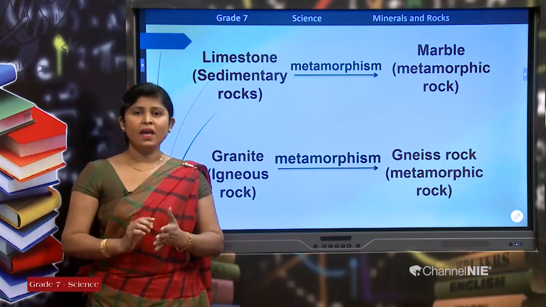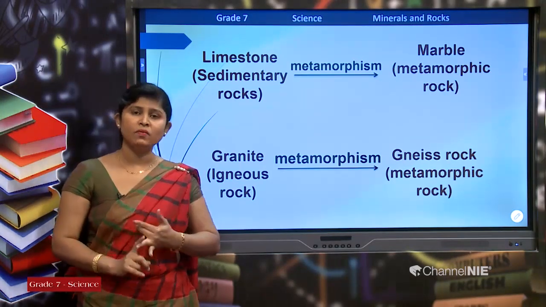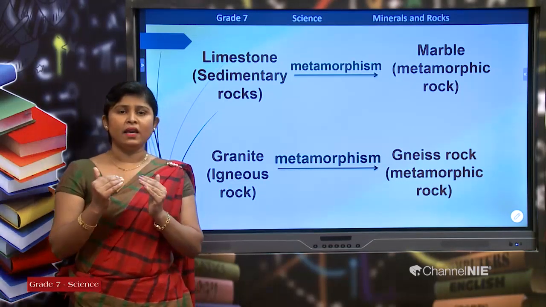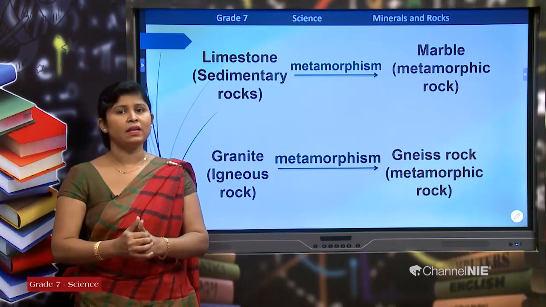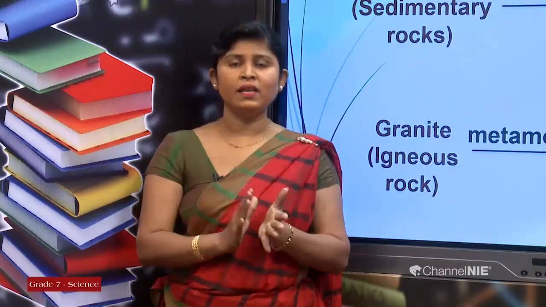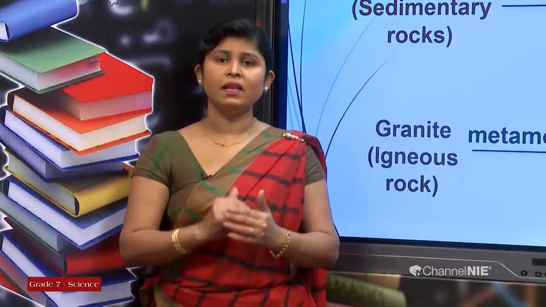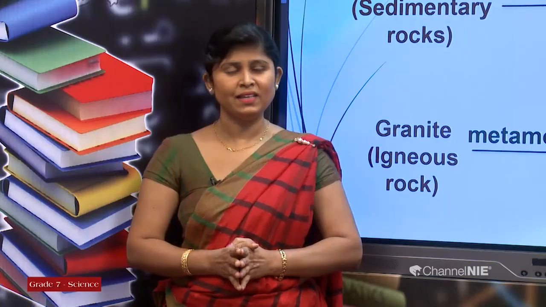Now, I have explained igneous rocks. Then I gave you some examples for igneous rocks. Then I explained the formation of sedimentary rocks. Then I gave you some examples for sedimentary rocks, and finally I explained the metamorphic rocks, and how metamorphic rocks are formed, right.